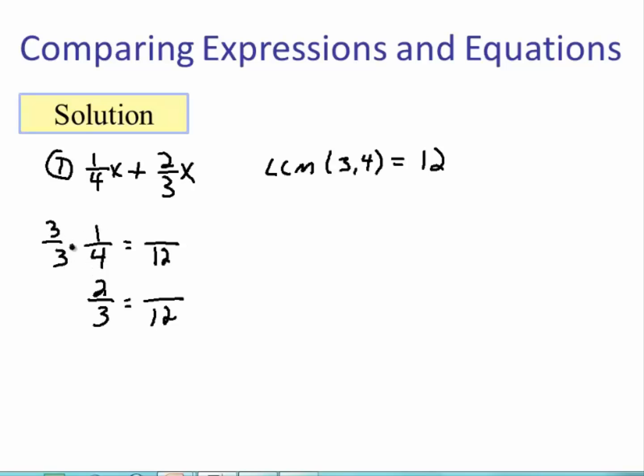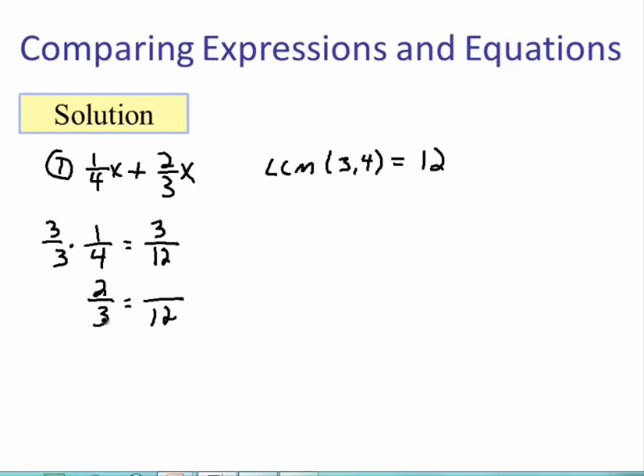If you multiply a fraction by 1, you don't change the value, but it is going to look different. So the numerator is 3 times 1, which is 3. So 1/4 is equivalent to 3/12.